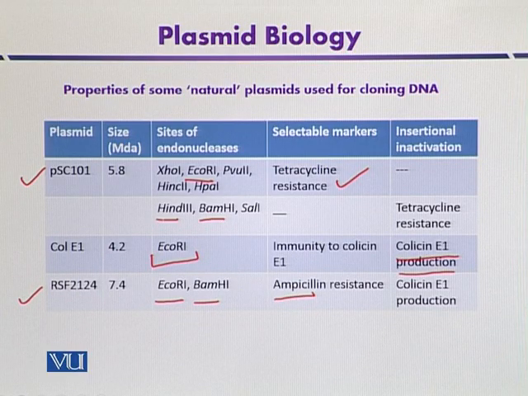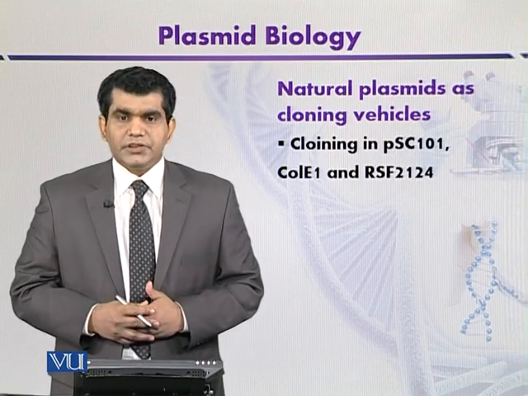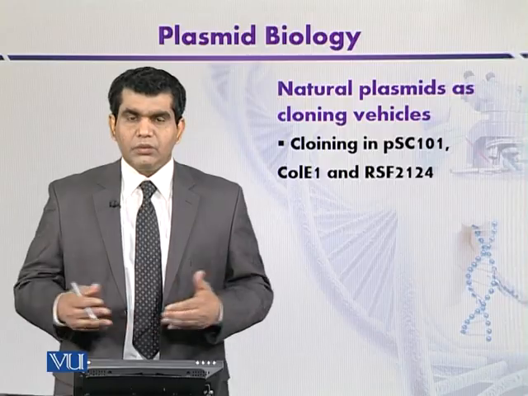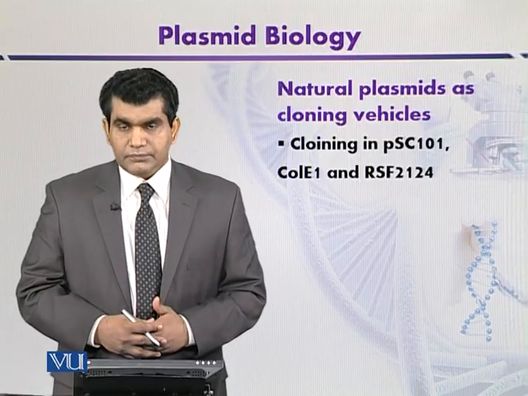At the same time colicin E1 production is there, and when foreign DNA is inserted within the gene that encodes colicin E1, it becomes inactivated so that the cell becomes sensitive to colicin E1, which will act as a selectable marker. Now these natural plasmids can be used as cloning vectors, but there are certain limitations.